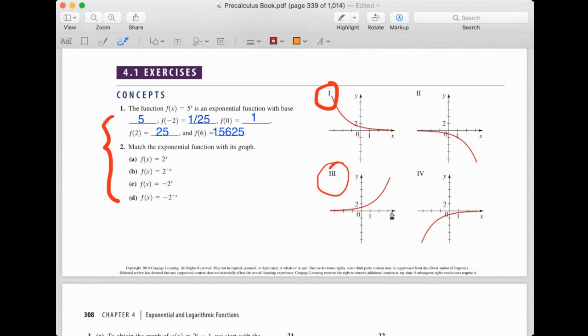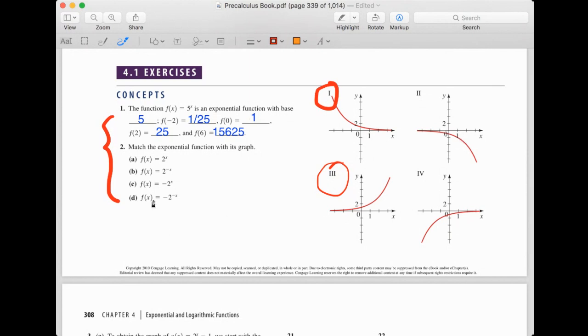What's 2 raised to x? It's a 3, right? You see all positive values because it's all above the x-axis. When you put a negative sign, it will go down below the x-axis. So that's why it's a 2.